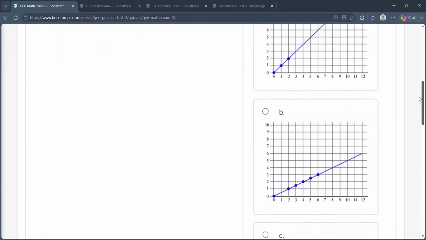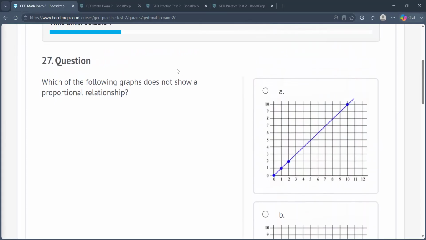What you've got to do is, here, let me write this out. In a proportional relationship, the ratio of the two quantities remains constant. So go ahead and write this in your notes.